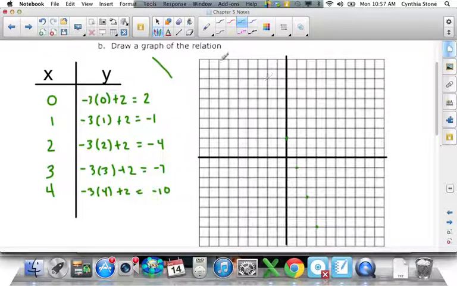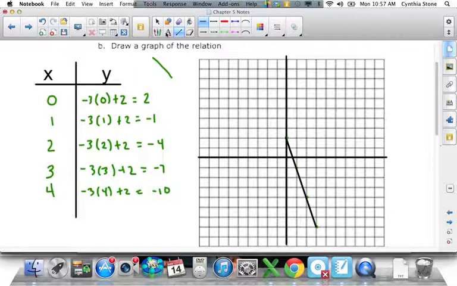Then it says graph the relation. So I'm going to pick. Sure. And now I just got to join all those dots, right? From here to here. And really, this relation theoretically could go on forever. But there's my line.